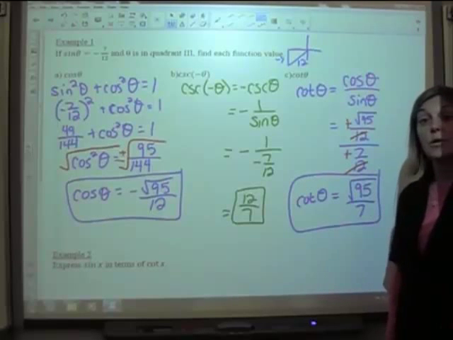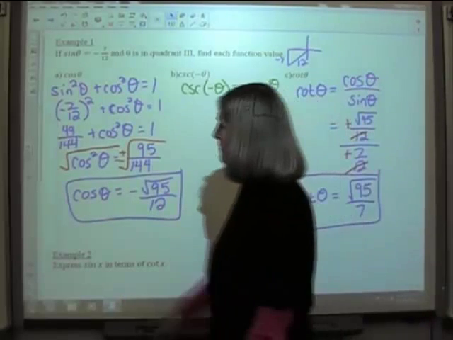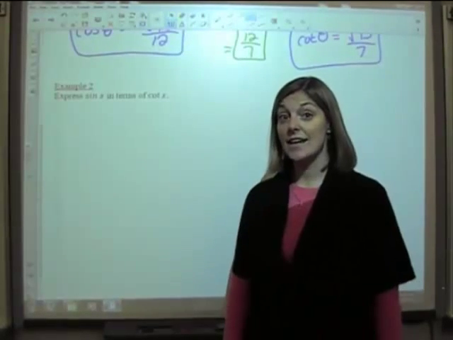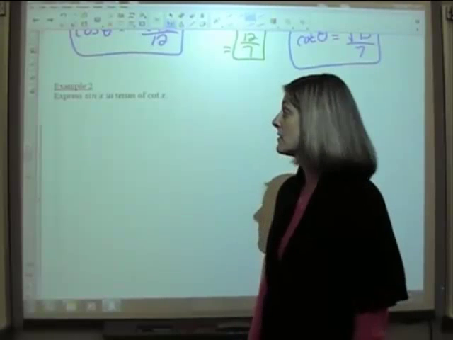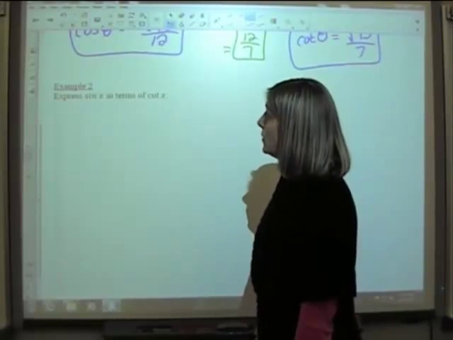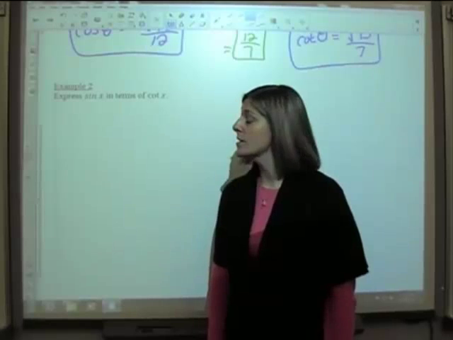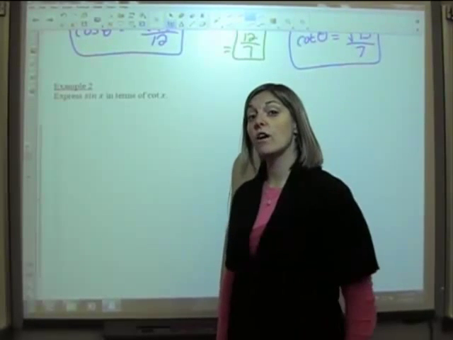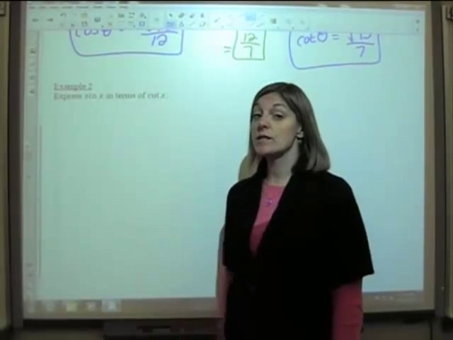All right, let's try example number 2. Express sine of x in terms of cotangent x. Well, there are several identities we can use. I'm going to use a Pythagorean identity because there's one that involves cotangent and the reciprocal of sine.